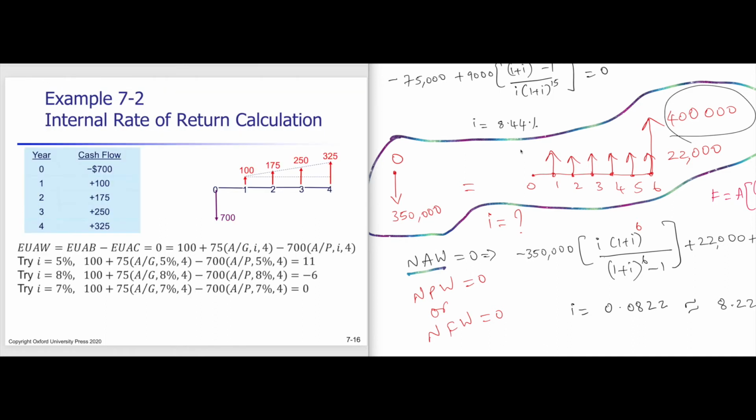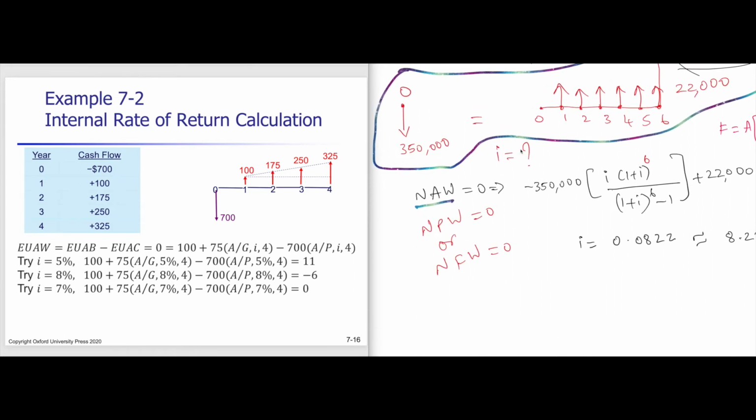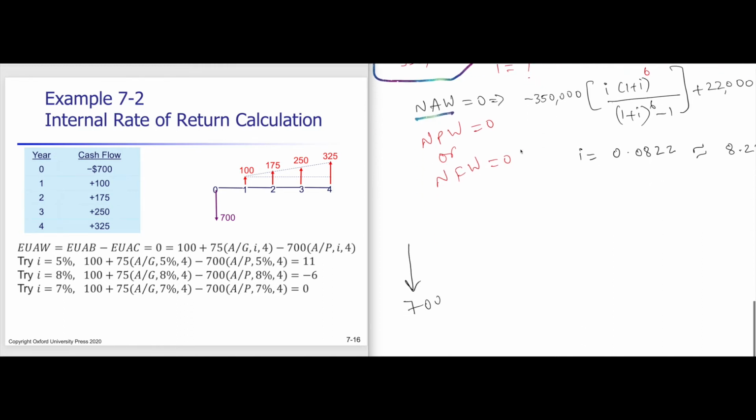So how do you do this problem? Example 7.2. We do the example 7.2 using the same process. Look at the cash flow. We have negative 700. That means we're investing $700, and that results in this gradient cash flow.